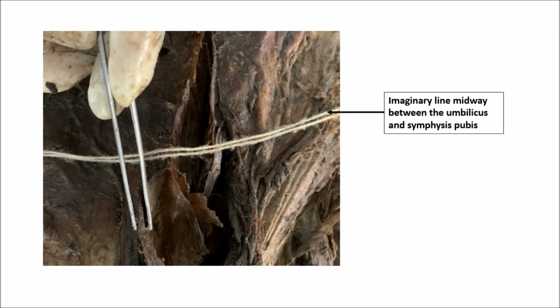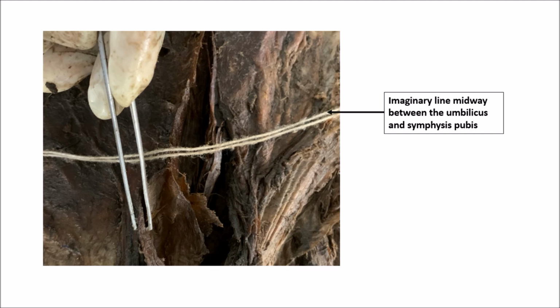Here we see the imaginary line, and below it the anterior wall of the rectus sheath is thickest because the aponeurosis of the internal oblique doesn't split here.